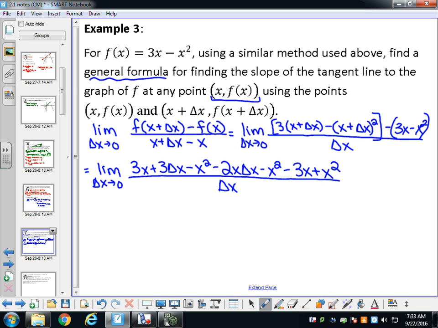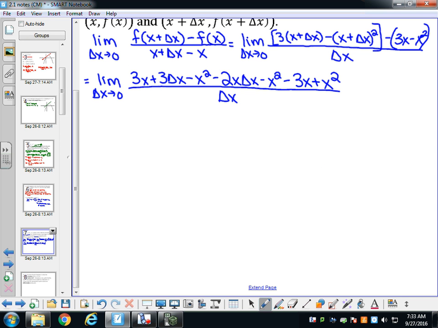Make sure you know how I FOILed all that out. Then I can combine some like terms, so I still have the limit because I did not evaluate yet. And I'm left with 3 delta x minus 2x delta x minus delta x squared all over delta x.